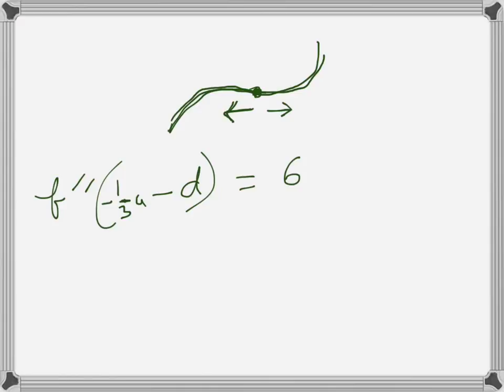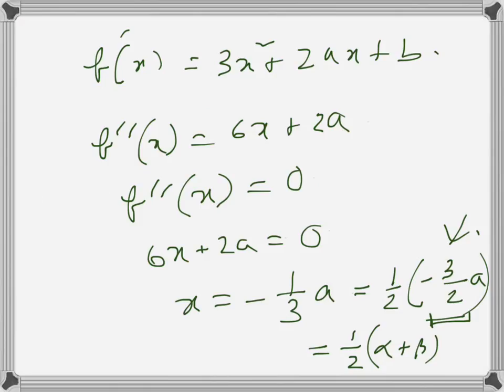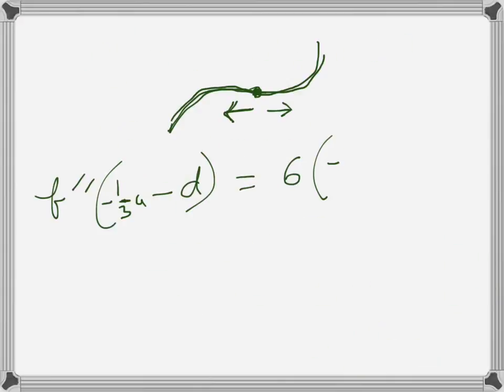So let's go a little bit to the left of the point of inflection, by d. The point of inflection is at x equals minus 1/3 a. Going a little to the left, f double prime of x is 6x plus 2a, so instead of x we write minus 1/3 a minus d.